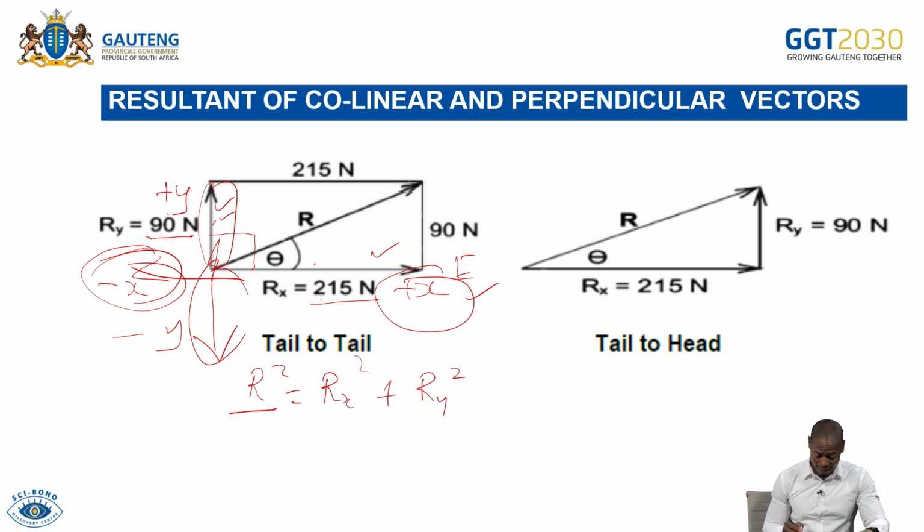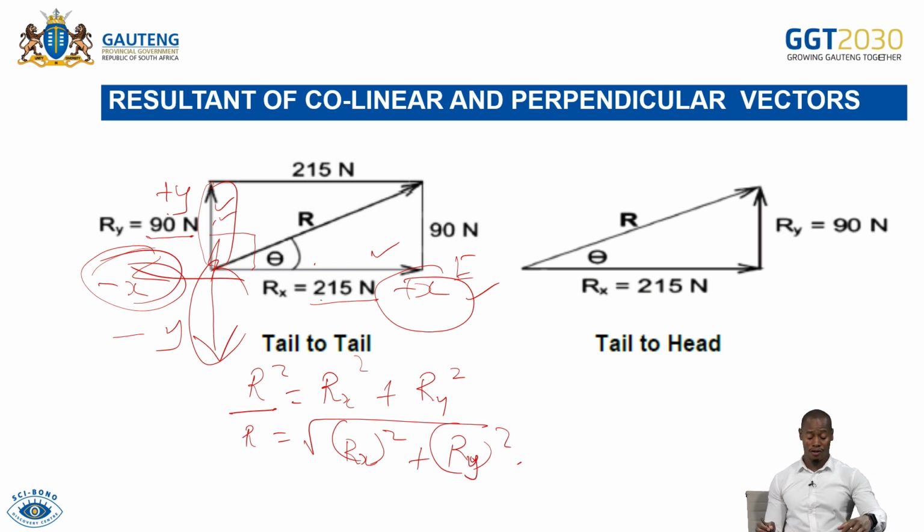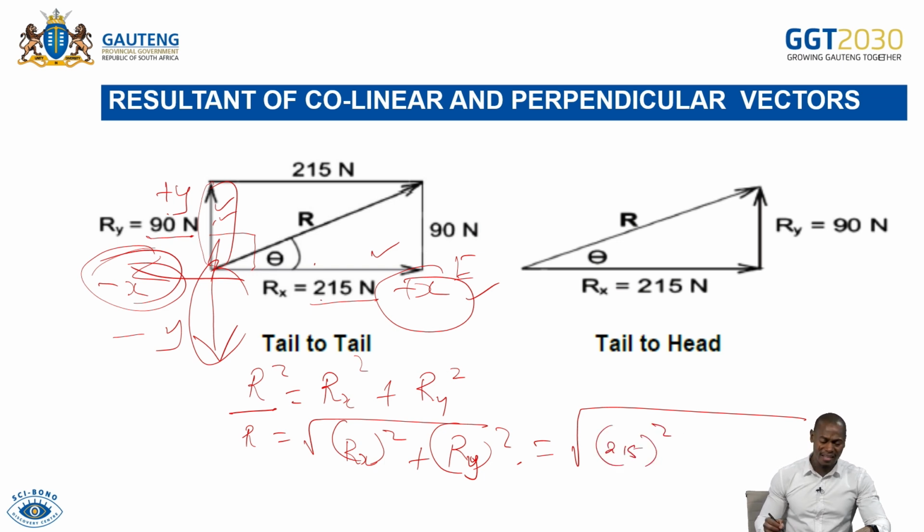So hypotenuse squared equals the adjacent side squared plus the opposite side squared, which is the same as R equals the square root of Rx squared plus Ry squared. That is the Pythagoras theorem. Then what am I having here is the square root of, what is my Rx? It is 215 squared. Whether this 215 is positive or negative, at the end I will get a positive answer because of that square. Okay?